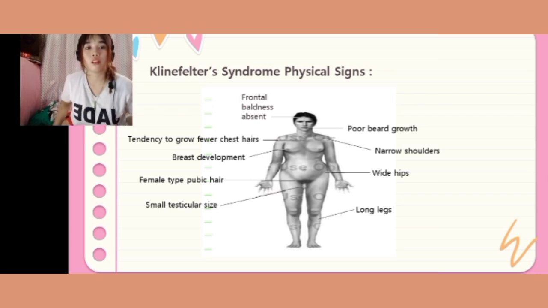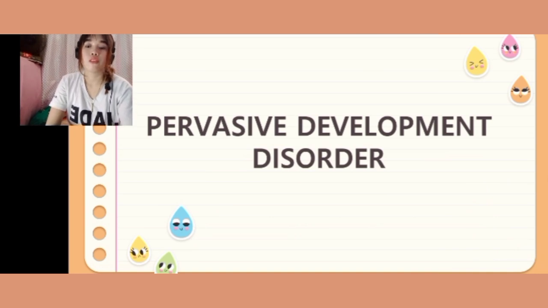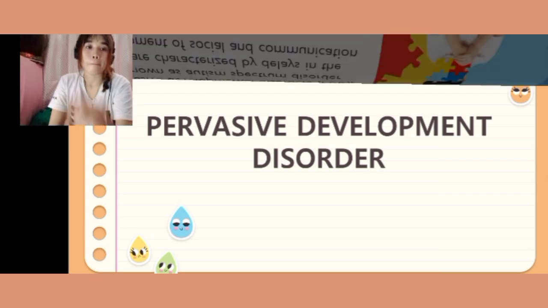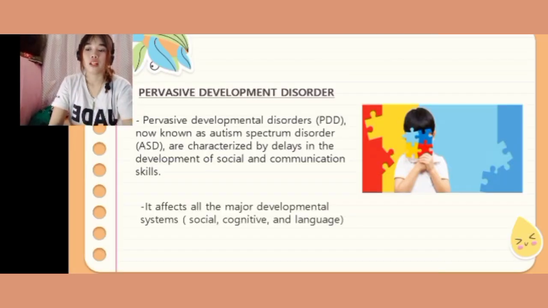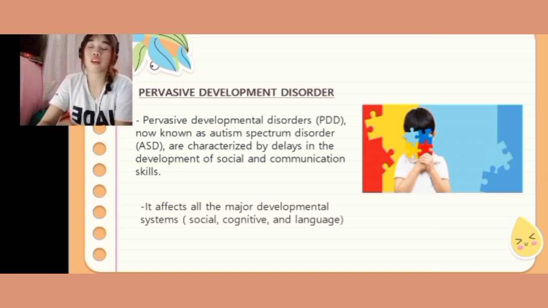So now let's proceed to pervasive developmental disorder, or PDD for short. It is now classified as an autism spectrum disorder, or ASD, which I will discuss later on. It is characterized by delays in the development of social and communication skills, and it affects all of the major developmental areas like social, cognitive, and language.